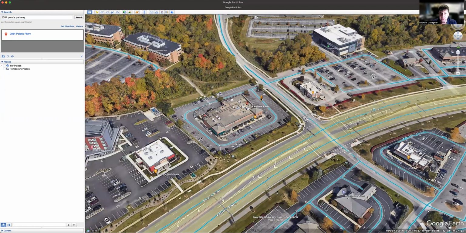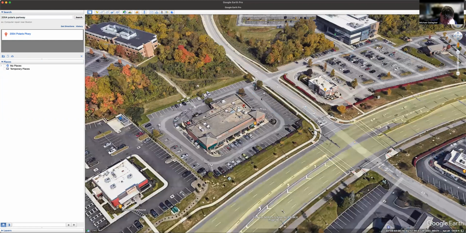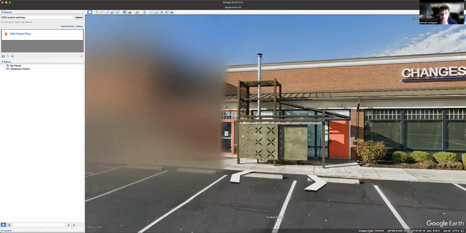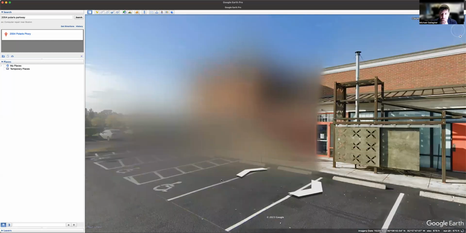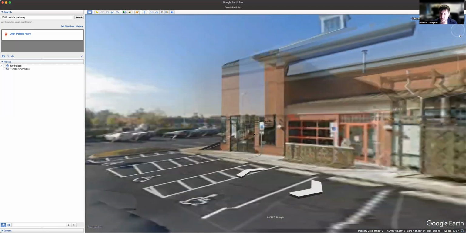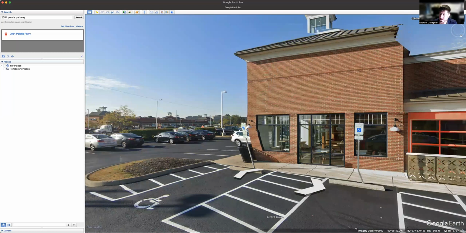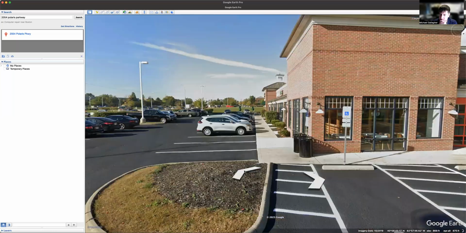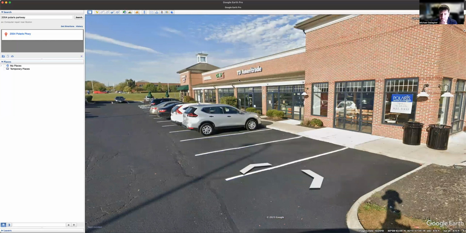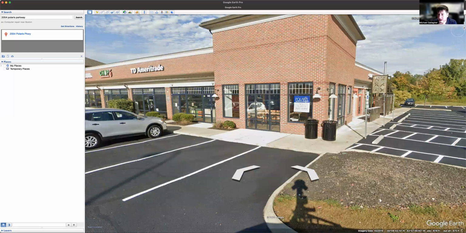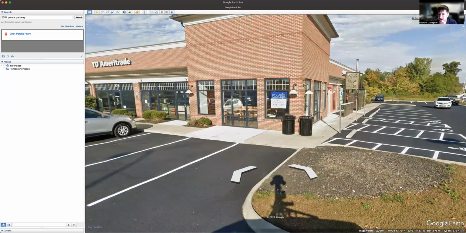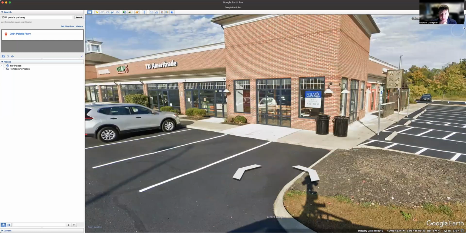Pretty sure this is a new building, actually. I think this building's very new, from what I remember. Is this 2054? I don't see any numbers on it anywhere. I'm guessing it is this because this used to be a restaurant that's since gone out of business. It used to be Sweet Carrot.